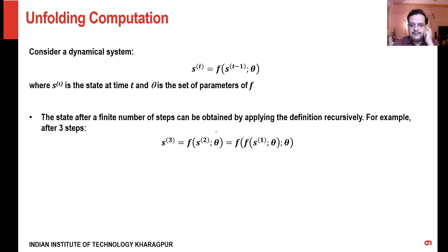So the state after a finite number of steps can be obtained by applying the definition recursively. For example, after 3 steps, the state after 3 cycles is f of the state after 2 cycles, which is f of the state after 1 cycle, and so on and so forth.